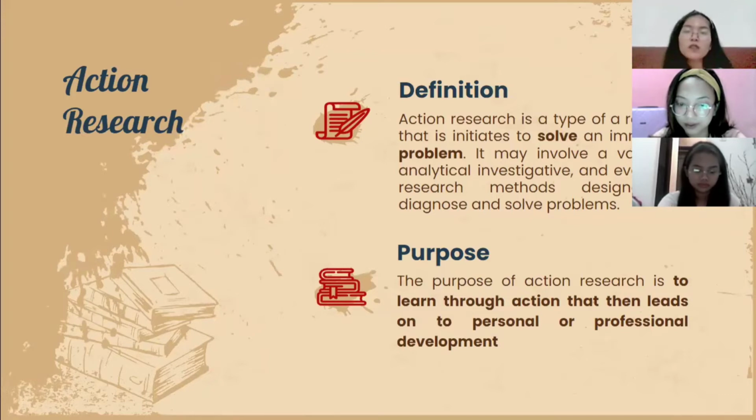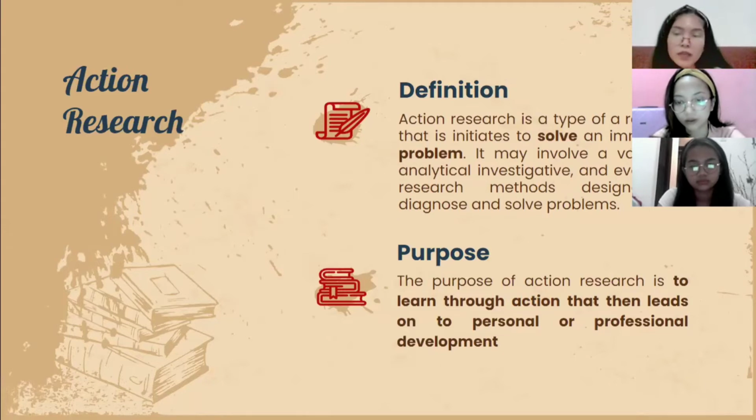It may involve a variety of analytical, investigative, and evaluative research methods designed to diagnose and solve problems. In action research, the researcher identifies a problem, examines its causes, and tries to arrive at a solution to the problem. It focuses on solving an immediate problem.